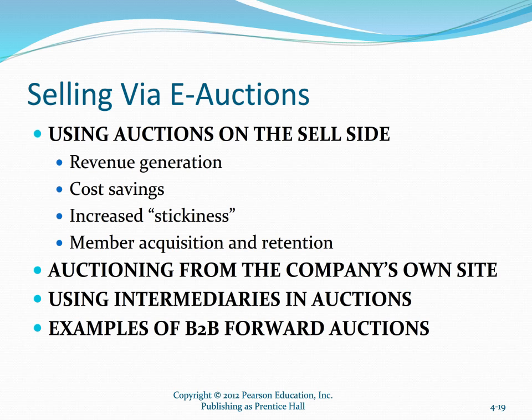Alternatively, you can use intermediaries in auctions, intermediaries like assetauctions.com or liquidation.com, and these are basically private organizations, or private marketplaces, if you will, that will allow you to use their infrastructure.